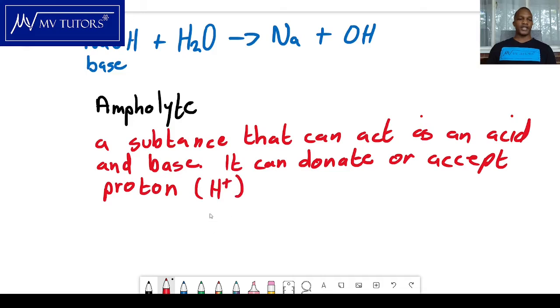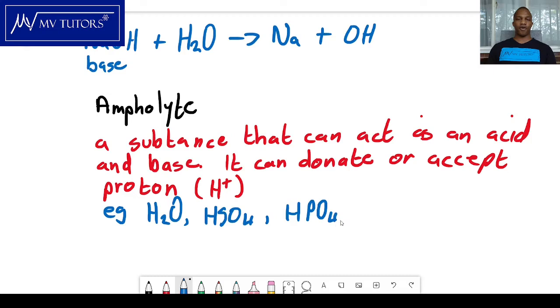Examples of these: water is one of them, and we also have HSO4. These are the common ones, along with HPO4 and H2PO4.